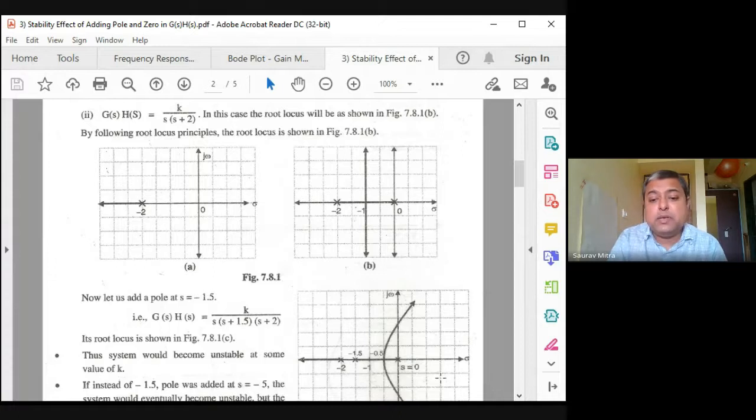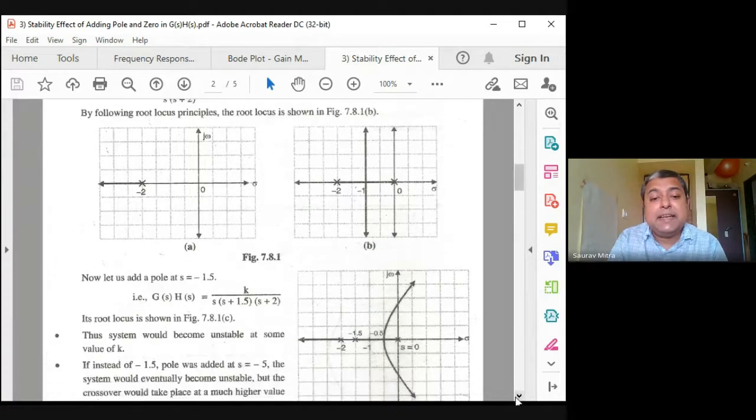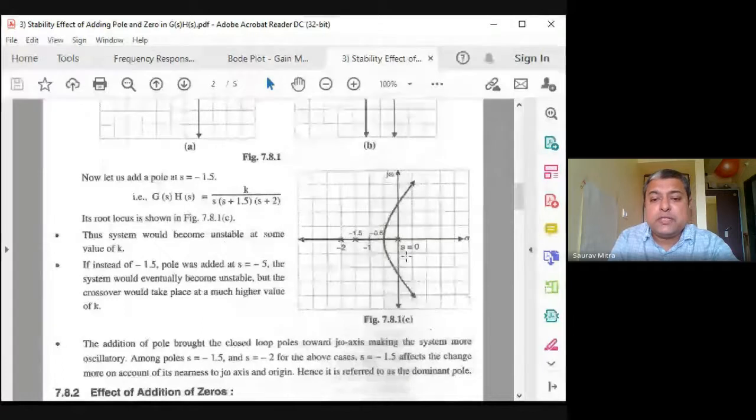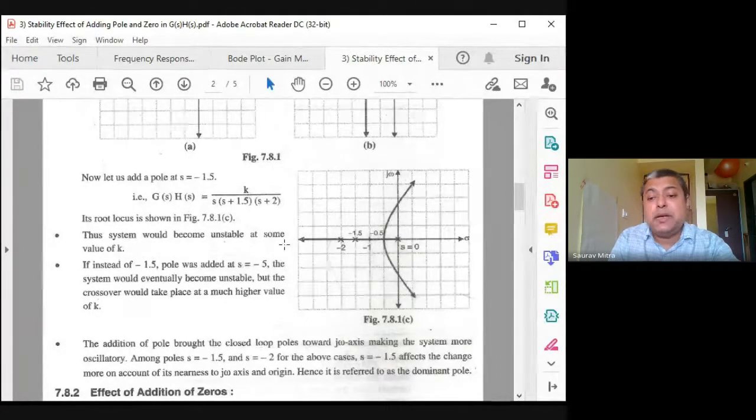Now in the third case, we are adding another pole to the system, which is s plus 1.5. So what does the pole-zero plot look like? Between 0 and minus 1.5, there will be a set of unstable or conditionally stable poles, and from minus 2 to minus infinity this pole will be ever stable.